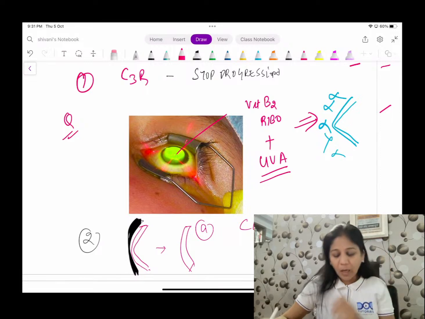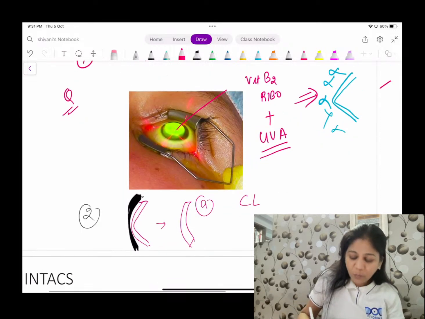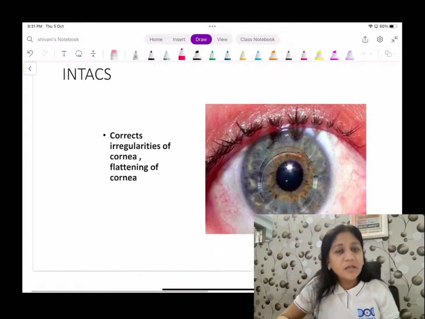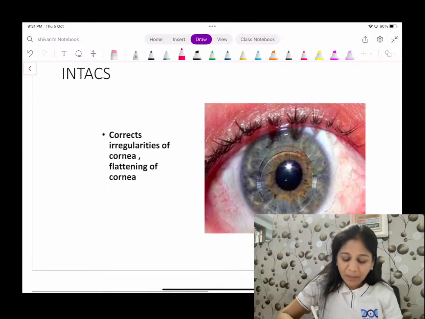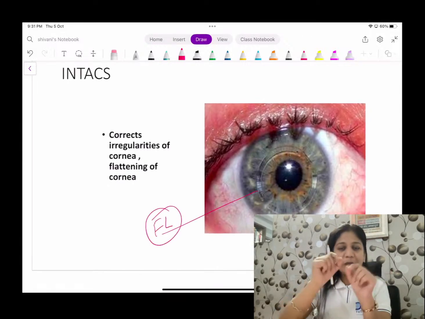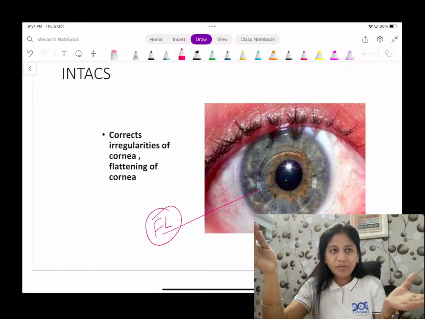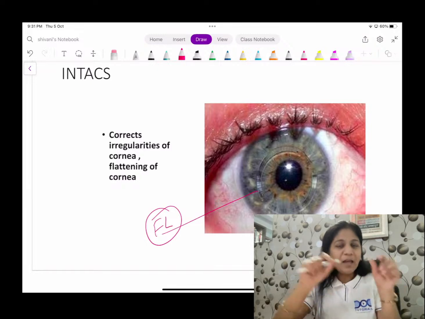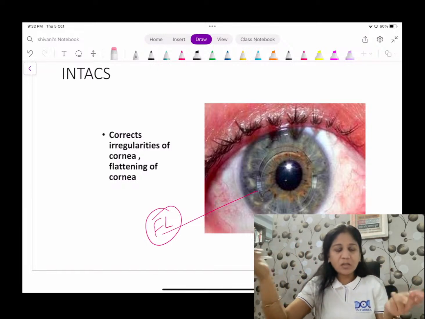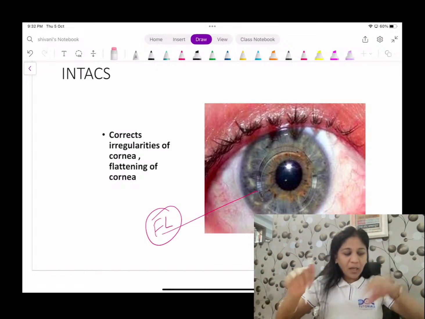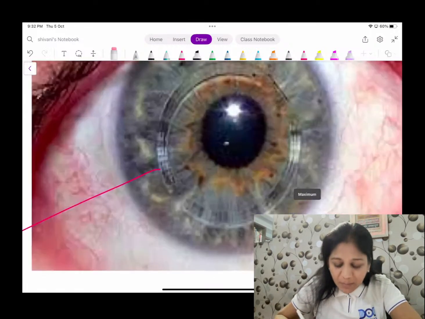Now, another option is that you can put Intacs by doing a surgery. It is done using femtolasers. You have femtolasers in ophthalmology. You press a button of the femtolaser and it will create a passage so that we implant 2 PMMA semicircular rings.